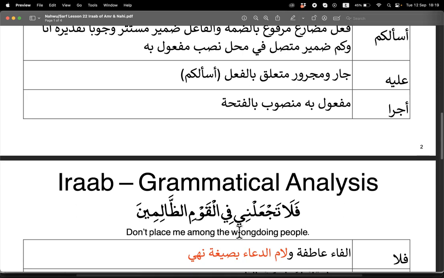Fi mahali what? Domir muttasil is always nasab or jar. It's attached to a fi'il, so it is the maf'ul. Yes, maf'ul. So fi mahali nasab. Now the nun is actually the shield.